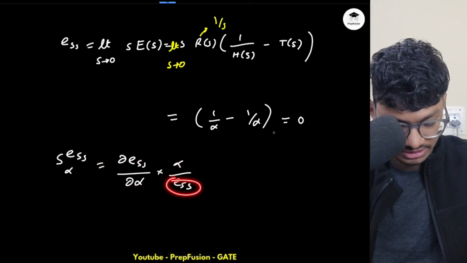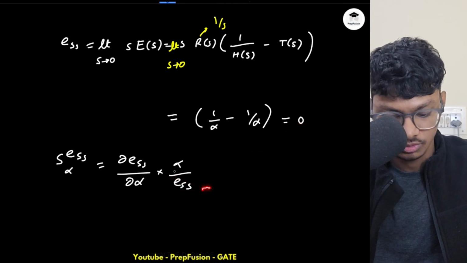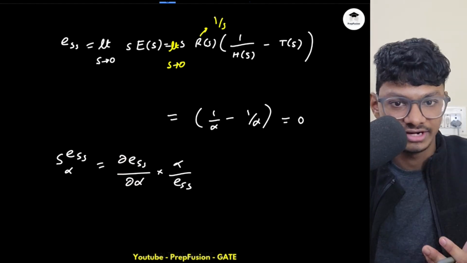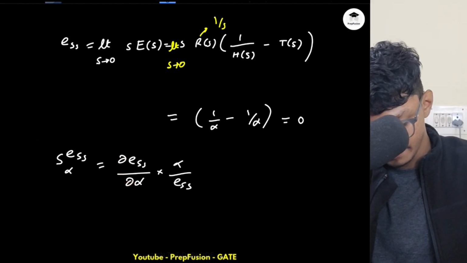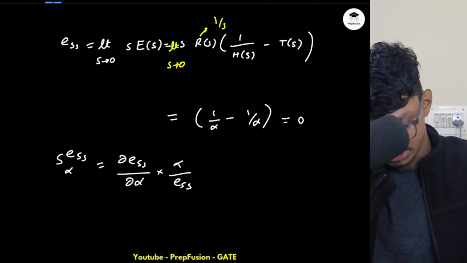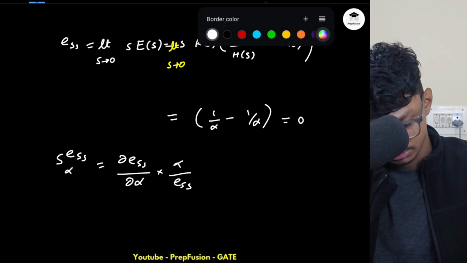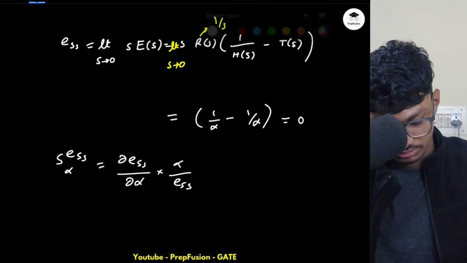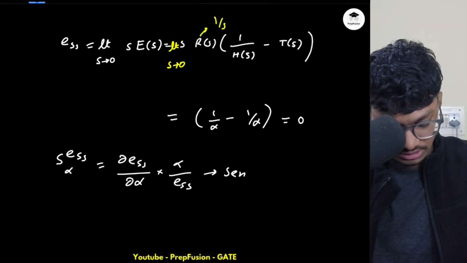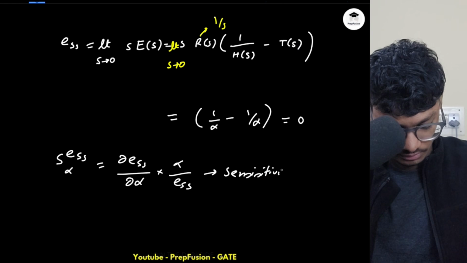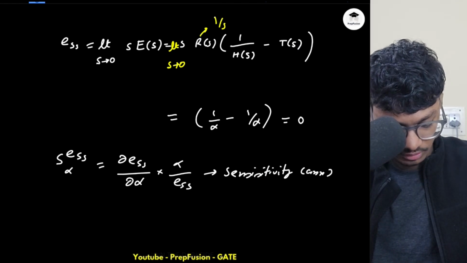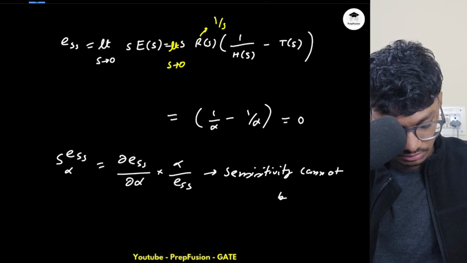Because here this ES of S is 0. So something divided by 0, and this is also 0. This is getting an undefined format. So here, sensitivity cannot be defined.